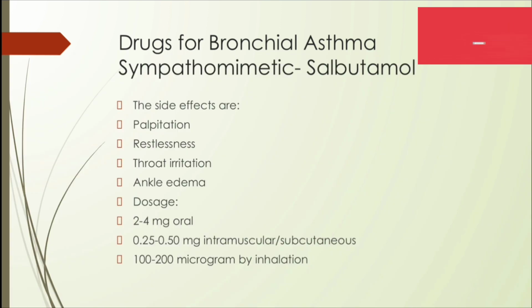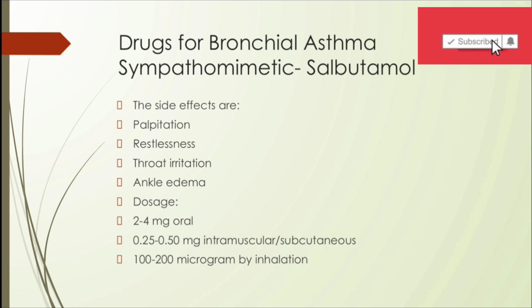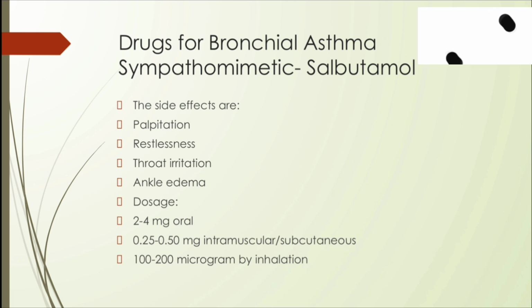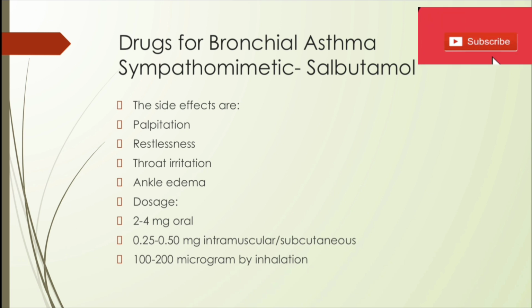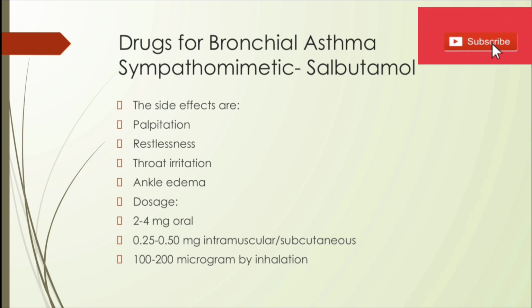The side effects we have seen are palpitation, restlessness, throat irritation, and ankle edema. One more important point: salbutamol undergoes pre-systemic metabolism in the gut wall, as we discussed in the previous slide, so oral bioavailability is only 40 to 50%. So the inhaler route is always preferable for salbutamol.